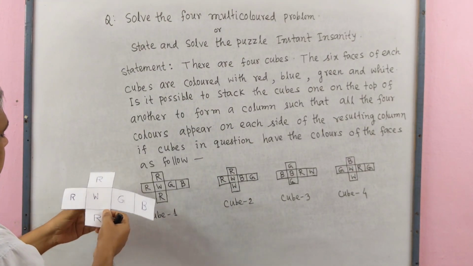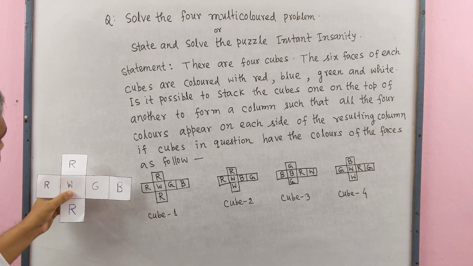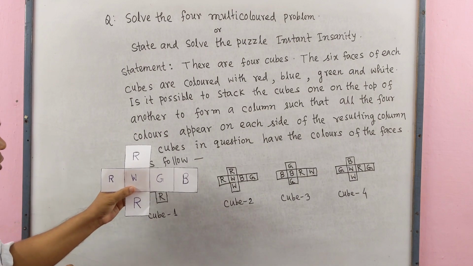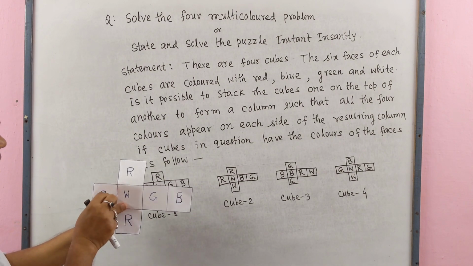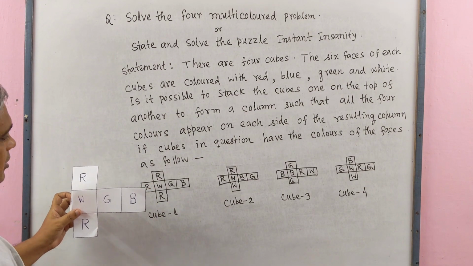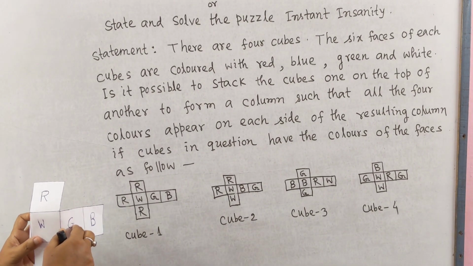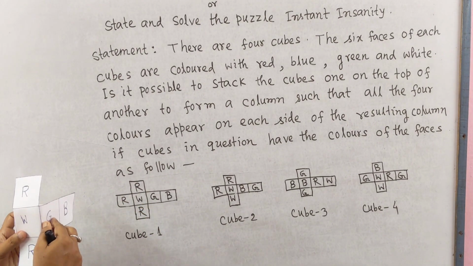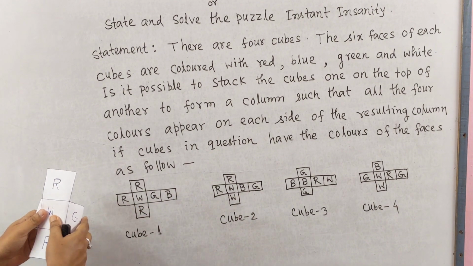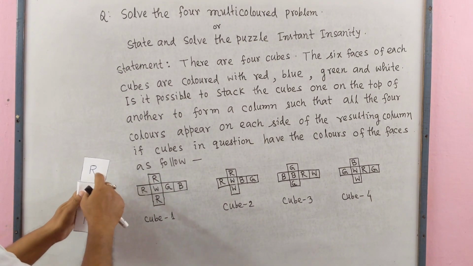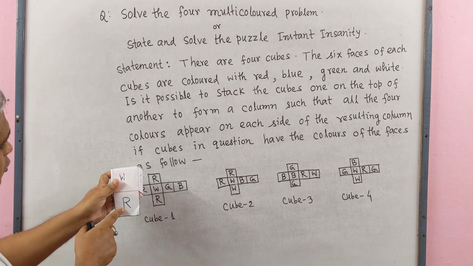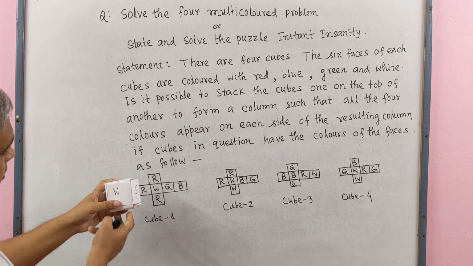that the W we see here will be the front side, front face color W, and R will be the left face color, and G will be the color of the right face, and B will be the color of the back face, and this R will be the color of the top face, and this R will be the color of the bottom face.